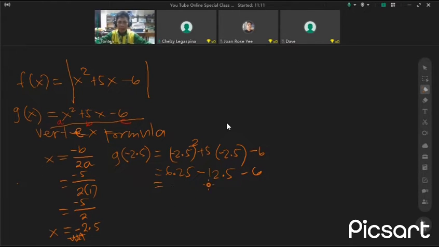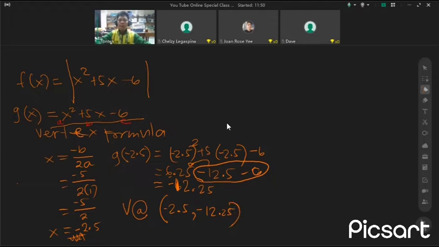Our final answer, by combining these two negatives and subtracting from the positive one, is negative 12.25. Thus, our vertex is located at negative 2.5 and negative 12.25.